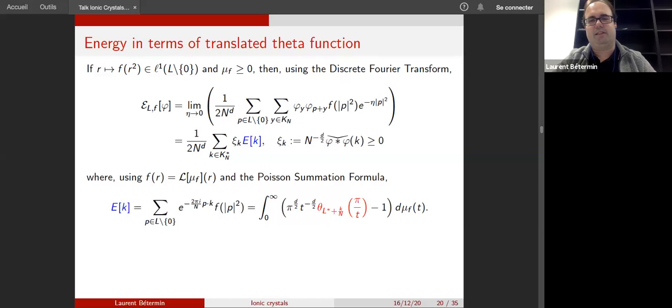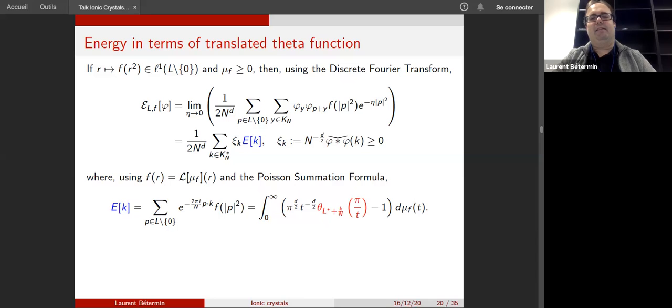And Ck, up to a certain multiplicative constant which depends on the number of points in your cube, is just the inverse discrete Fourier transform of the convolution of phi with itself.